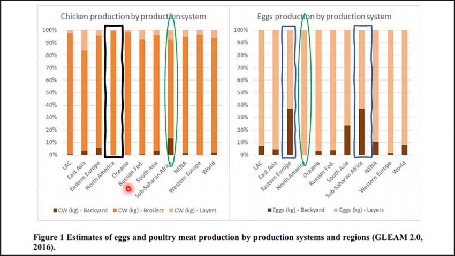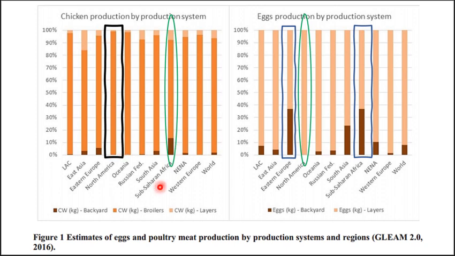As you can see here, sa North America and Oceania, hindi sila nagkakalayo. So mataas yung broiler production nila sa Oceania and North America. Halos wala ngang backyard and layer chickens doon sa North America.